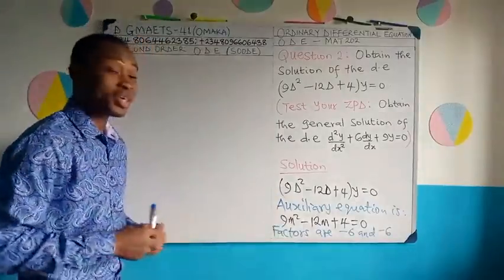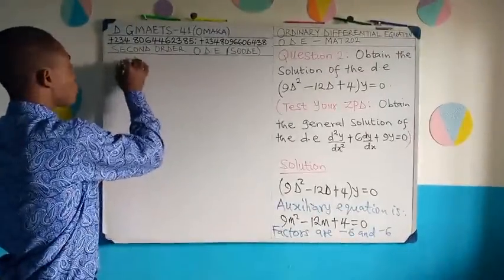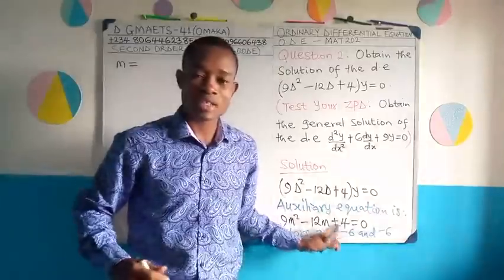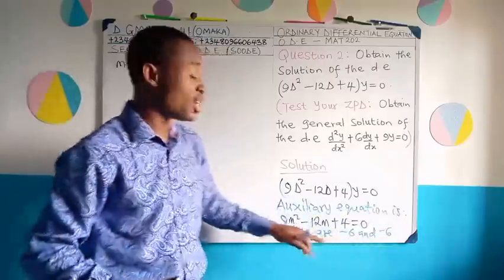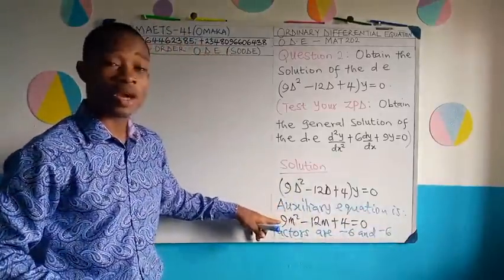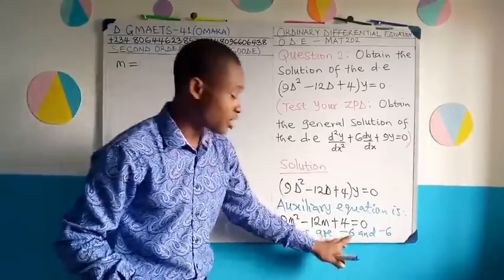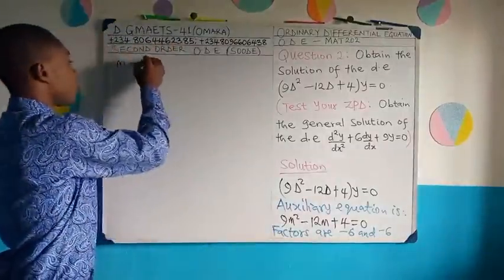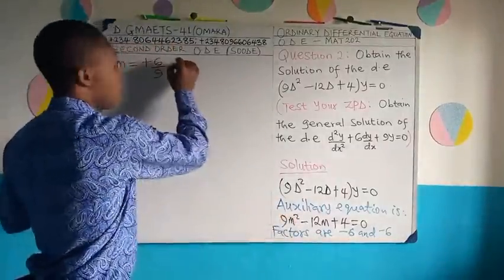Having done this, I guess we can now go straight ahead to the value of the root of the equation m. So we're going to have that m is equal to, remember I told you, once you get the factors that can solve the problem, simply change their signs, and on changing the signs, divide what you get by what? The coefficient of m squared. Now coming over to this, if you change the sign of this factor from minus, it goes to plus. So this is going to be plus 6 divided by 9, the coefficient of m squared.